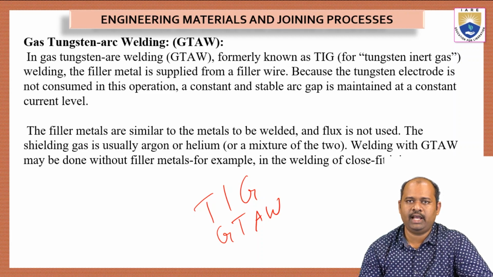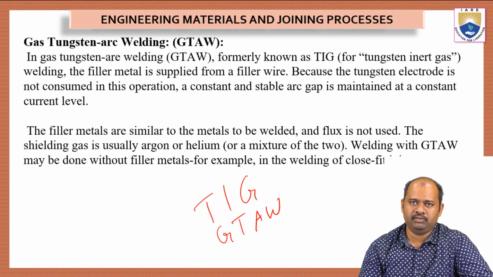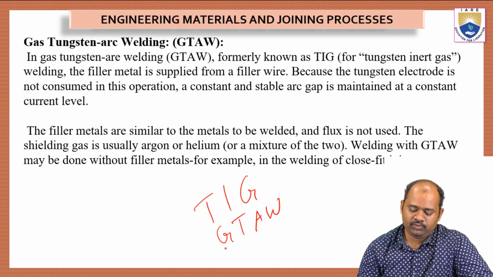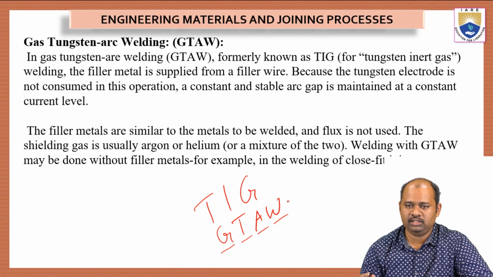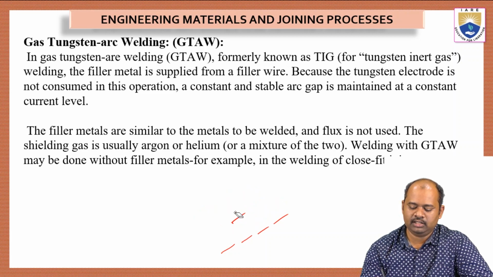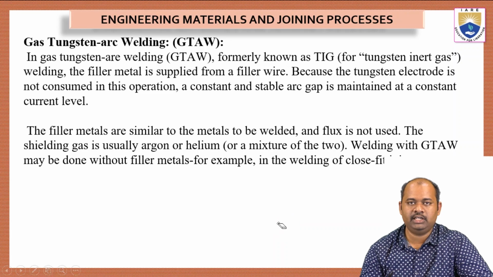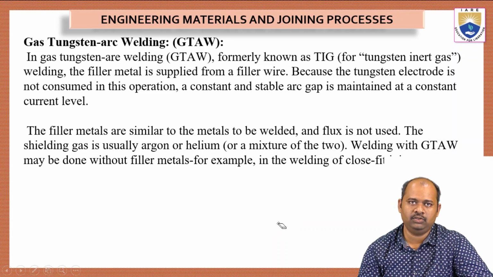Nowadays it is being called gas tungsten arc welding, where T stands for tungsten, A stands for arc, and W stands for welding. So this is a modified technique. That means TIG is modified now and it is being called GTAW.